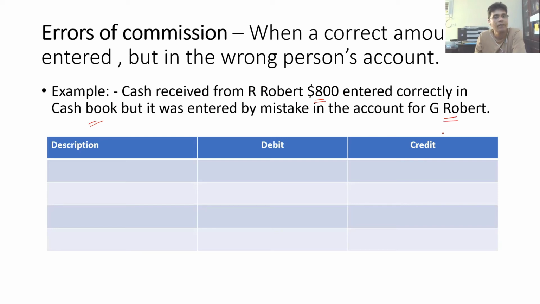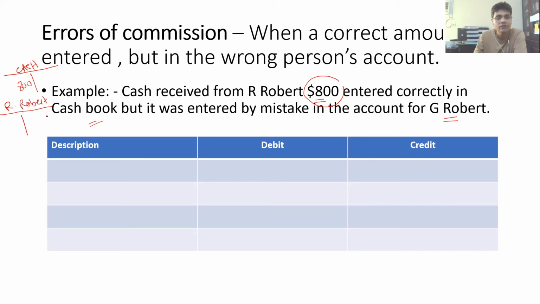Robert. What has happened? The company has received money from R. Robert. So when you receive cash, you have to debit your cash account, no? You debit cash account 800. You should have credited R. Roberts, right?